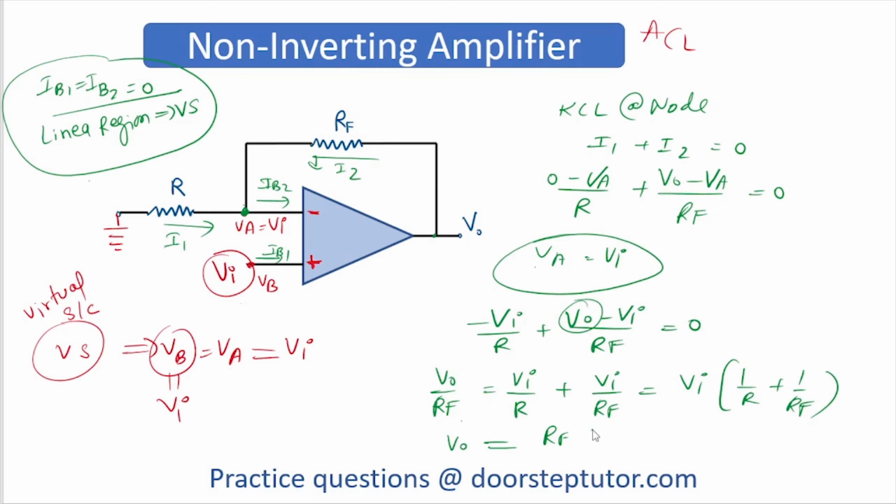This RF gets cancelled out, and this becomes RF upon R plus R upon R. So V0 is equal to (1 plus RF upon R) times Vi.